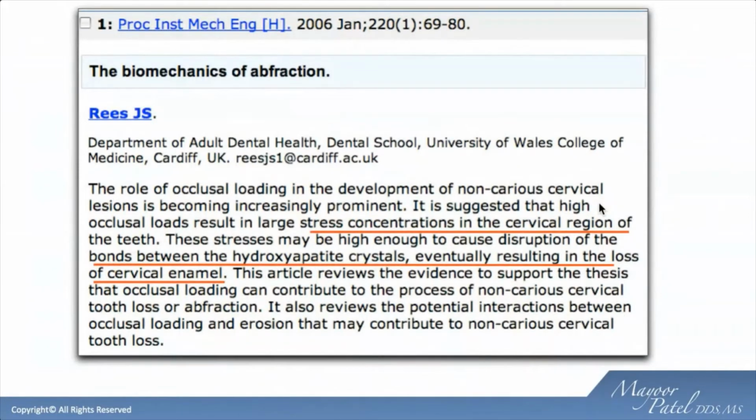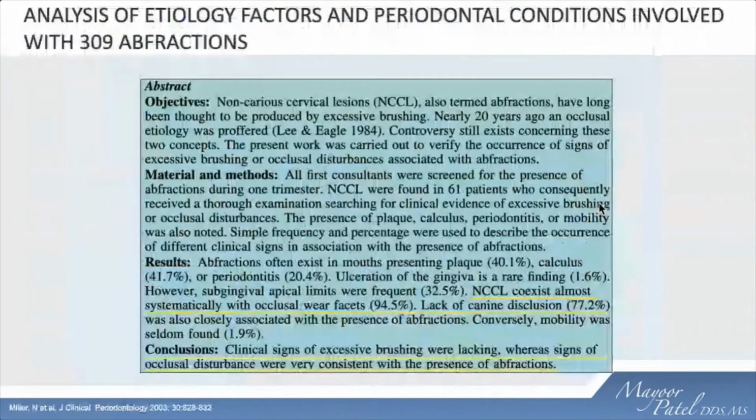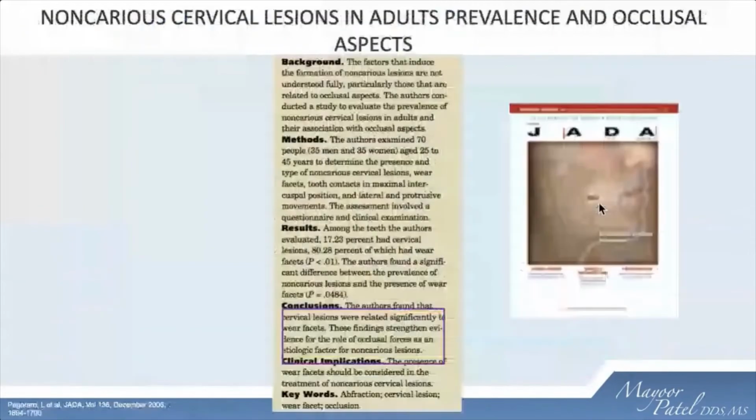You've also seen clinically that when you restore those teeth, those restorations don't last that long because the underlying factor has not been looked at. So there's been enough work on non-carious cervical lesions and wear on teeth to find a correlation that there is some factor that needs to be factored in.